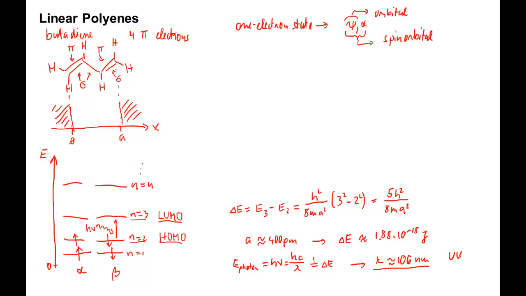This is indeed where the molecule absorbs experimentally. Our quantum model is successful in predicting the absorption spectrum of a molecule. This model is called the FEMO model. FEMO is an abbreviation that stands for the free electron molecular orbital.